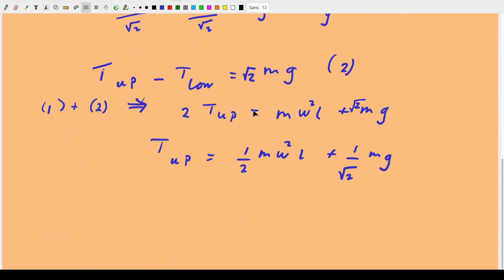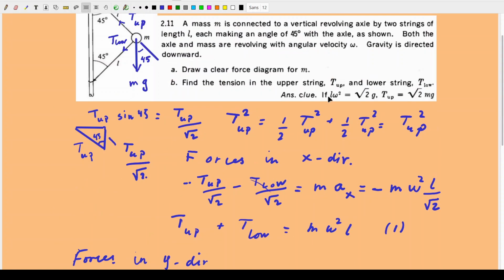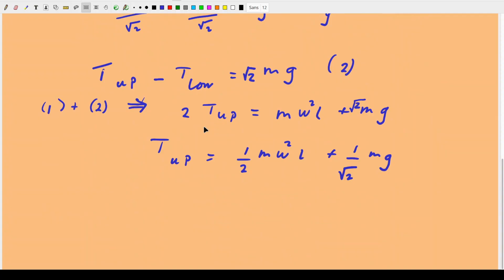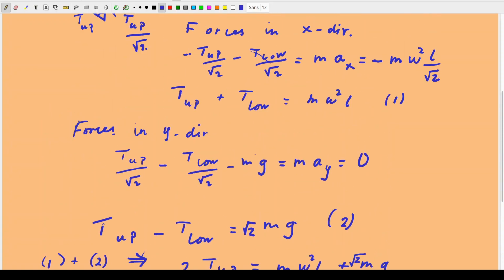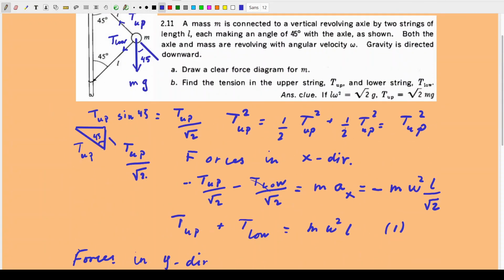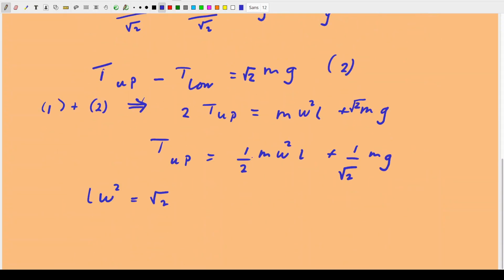So omega square L equal square root 2 g.